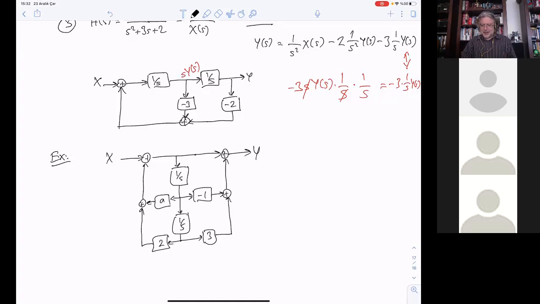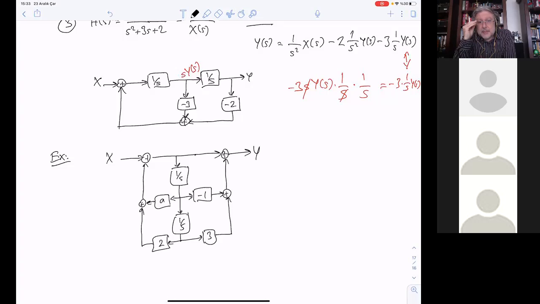Now, this looks a little bit more complicated than what we have seen as examples of first order and second order systems, etc. By the way, this is a second order system. It must be, because there are 2 1/s's, which makes it a second order system.